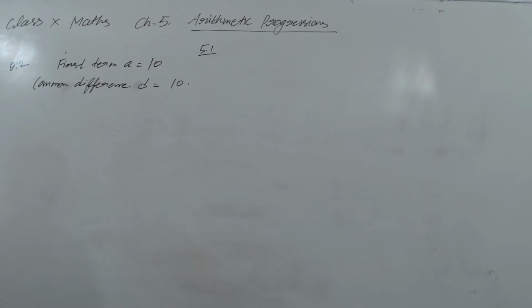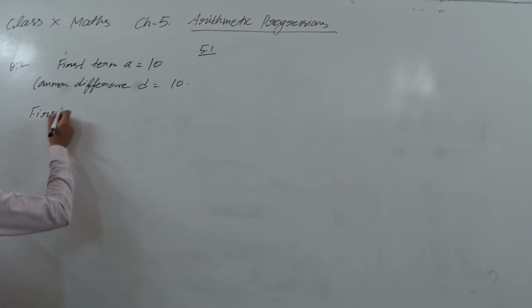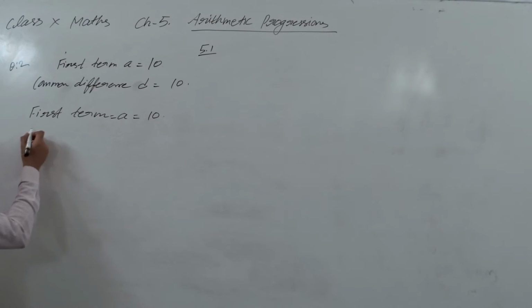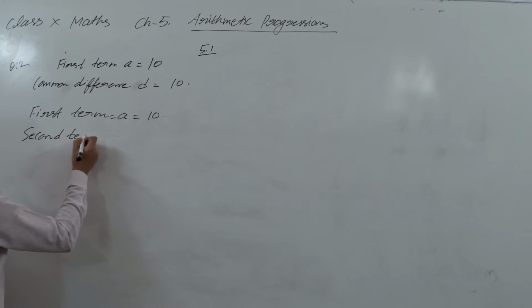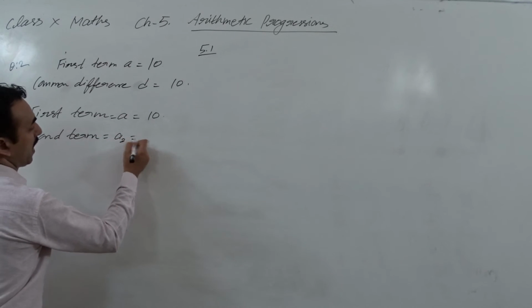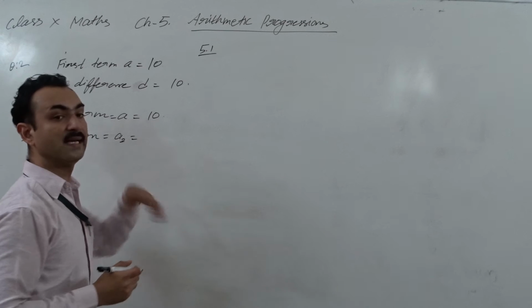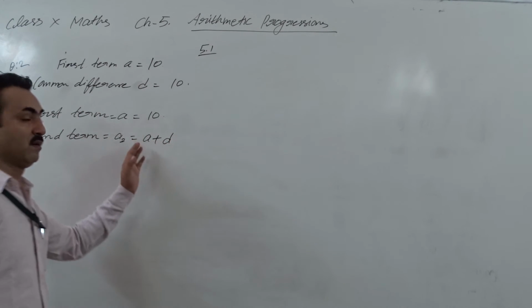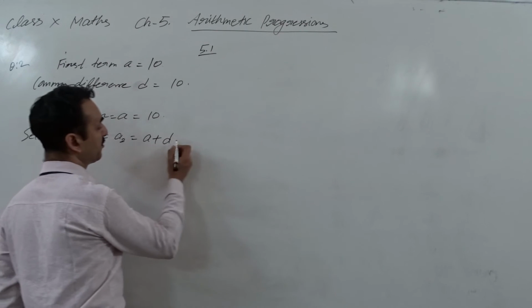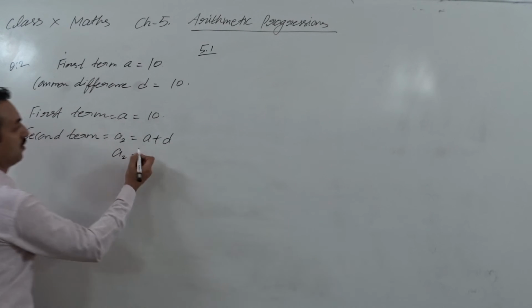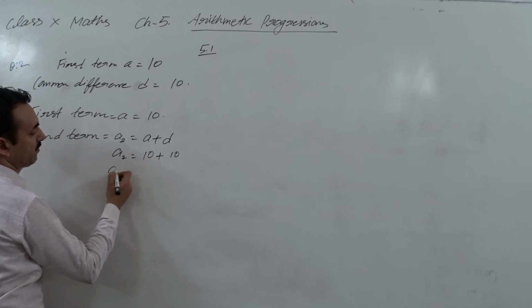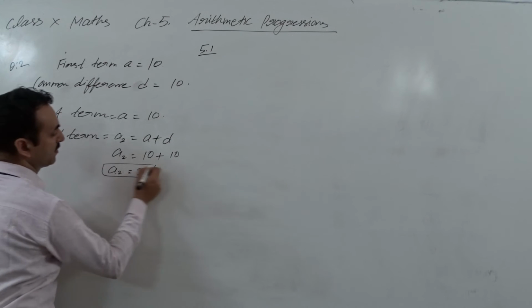Now we have to find the first 4 terms. The first term will be A, and it is given as 10. The second term will be A2. We find it as A plus D: when you add the common difference to the first term, you get A2. So A2 equals 10 plus 10, which is 20.